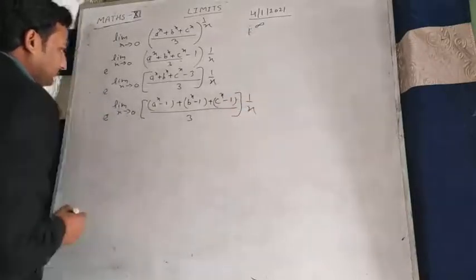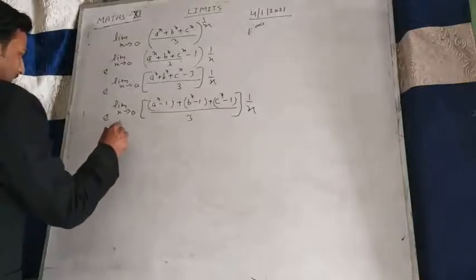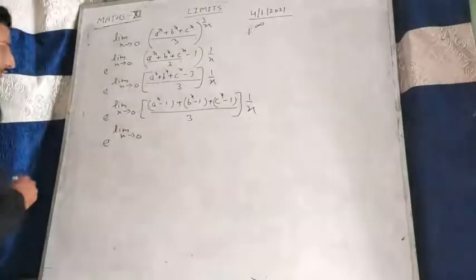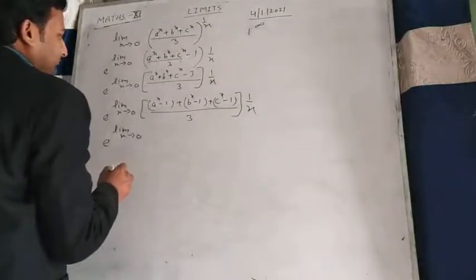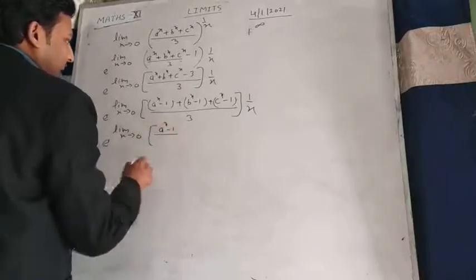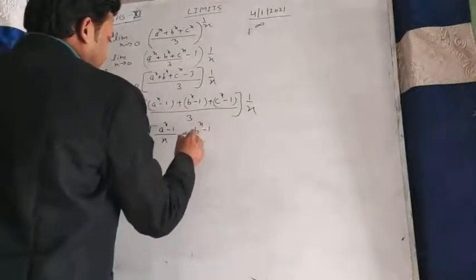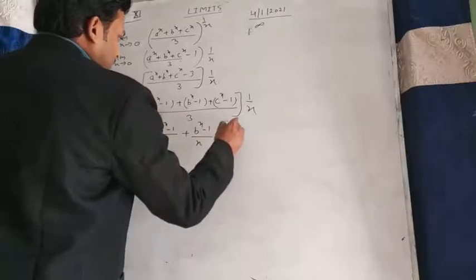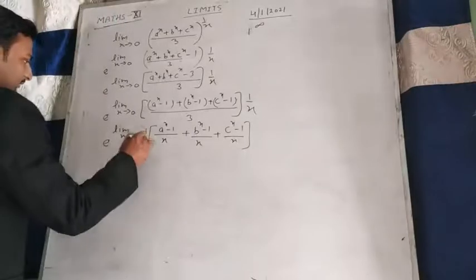Now we are making this e to the power limit x tends to 0 of (a^x minus 1) by x, (b^x minus 1) by x, (c^x minus 1) by x, and here we are writing 1 by 3.